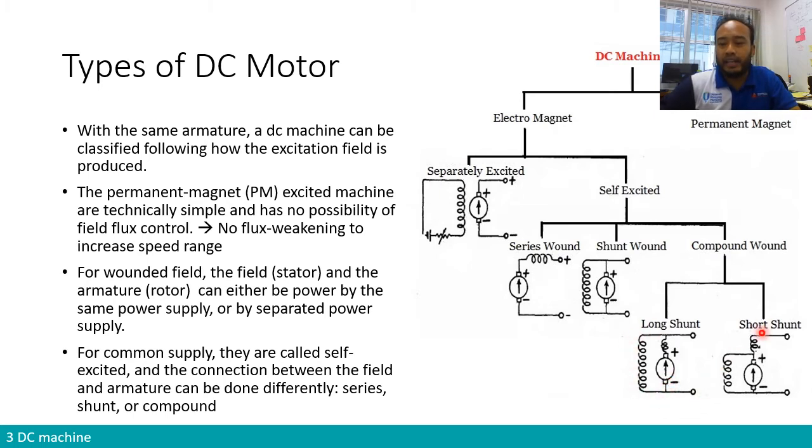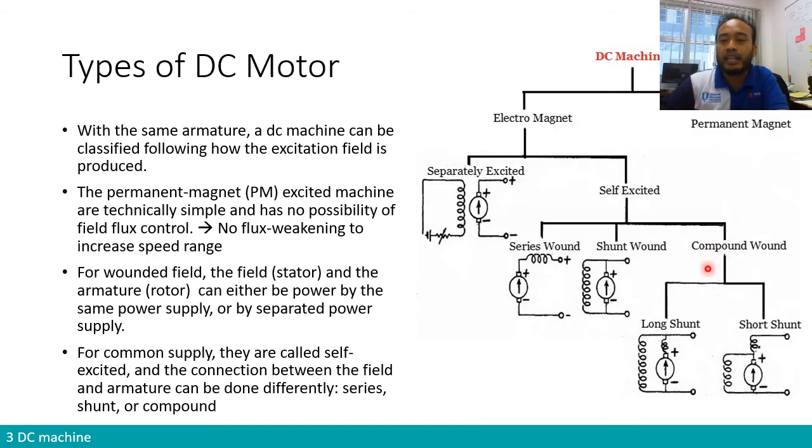The opposite of that is what we call short shunt. Short shunt means there's more field winding connected in series, and a small amount of field winding connected in parallel or in shunt. The inconvenience of this is that in your field winding, you need to separate them into two parts, where one part will be connected in series and another part will be connected in parallel or in shunt.